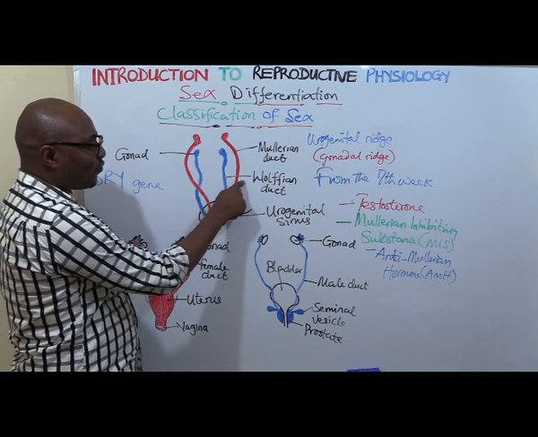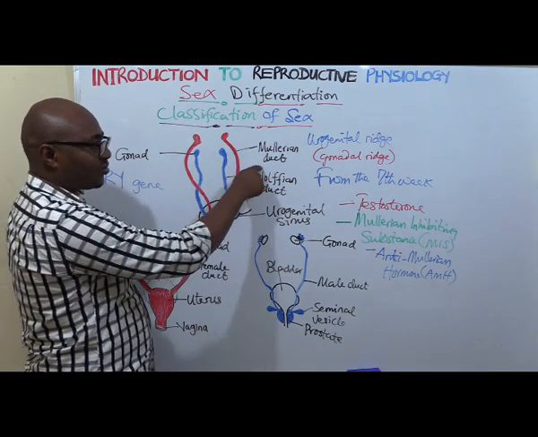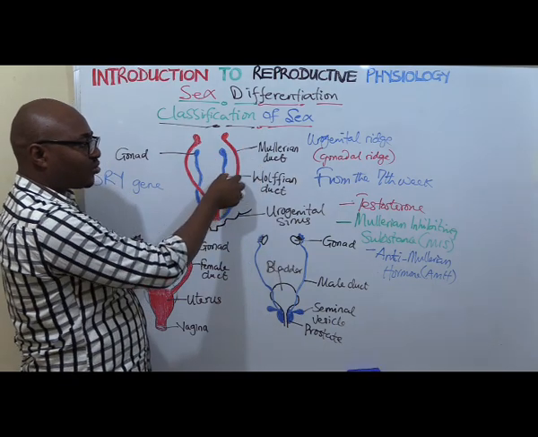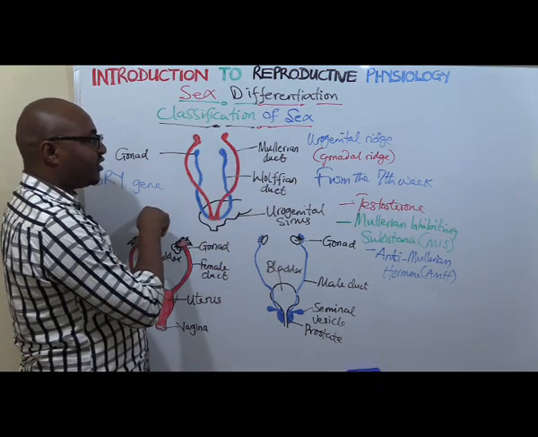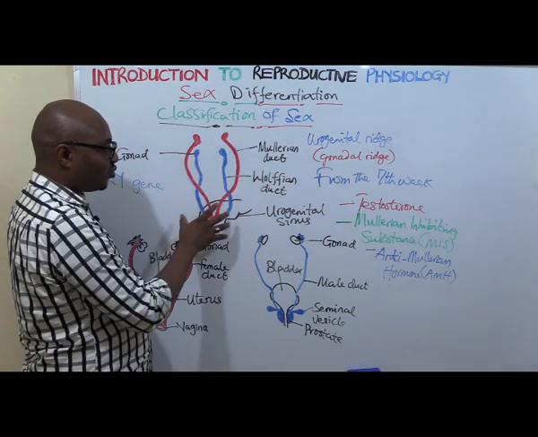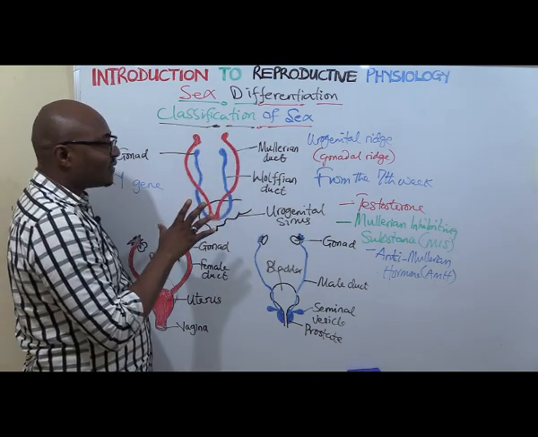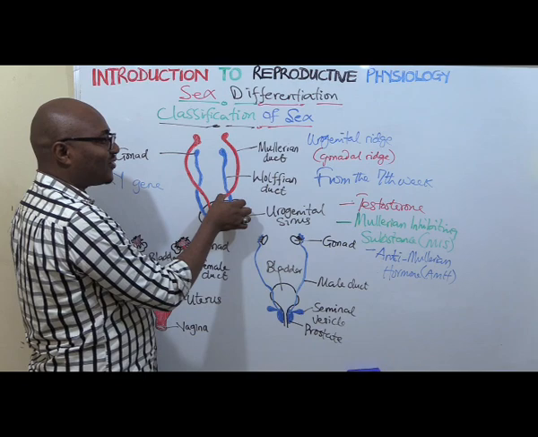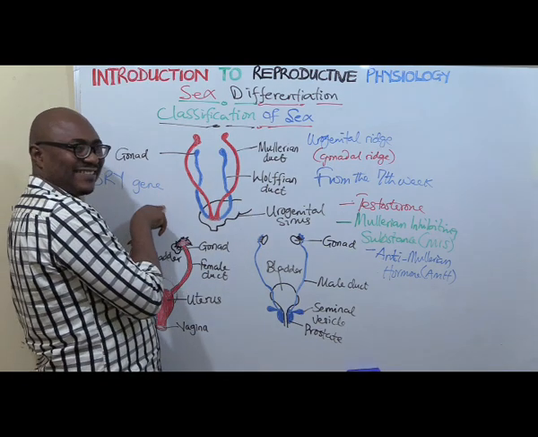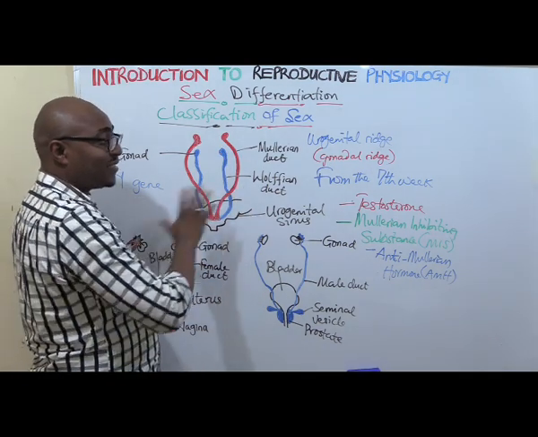So this undifferentiated form has the two. You see, you have Wolffian duct, Mullerian duct. So the Mullerian duct, in the absence of SRY gene, will differentiate into female reproductive system, while the Wolffian duct, in the presence of the SRY gene, will differentiate into a male.